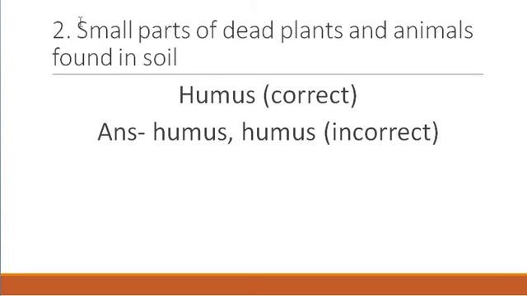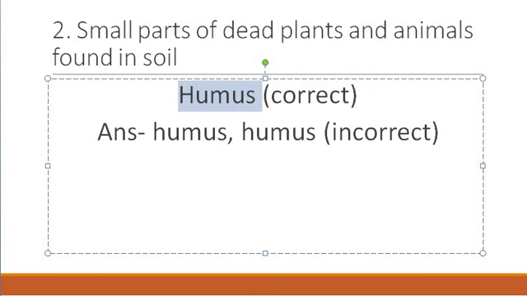Let me give you a second example. Small parts of dead plants and animals found in the soil. So the correct answer is humus, and you all are geniuses, you all know the spelling of humus. Now where the mistake happens: if you write small h, now if it is a one word answer, obviously your answer is going to be one word and you are going to start that word with H. So the starting letter should always be capital.